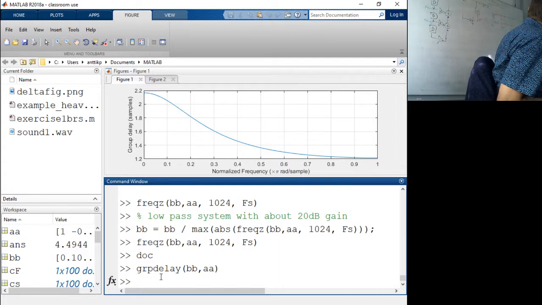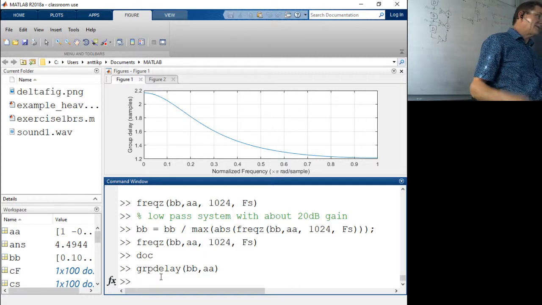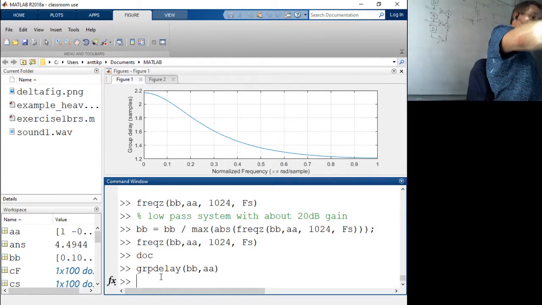On the passband, we have about 2.2 time step delay for those frequencies, and it drops down, let's see, around maybe 1.8 on the passband, and then on the stop band, which was later there on the higher normalized frequencies, group delay is around 1.3 time steps. So there's a difference between the different frequencies when they come out from the system. Okay, that's the group delay.